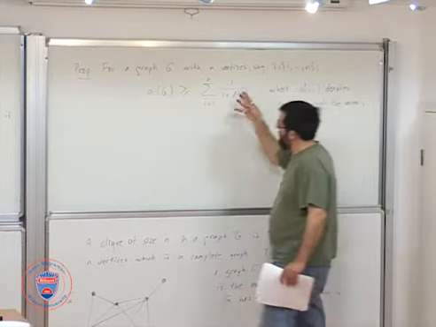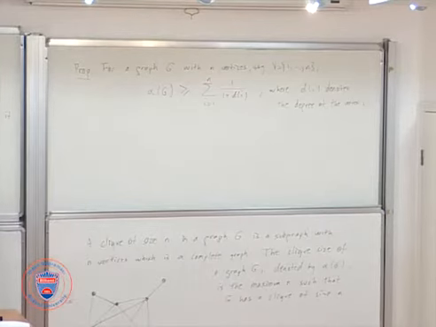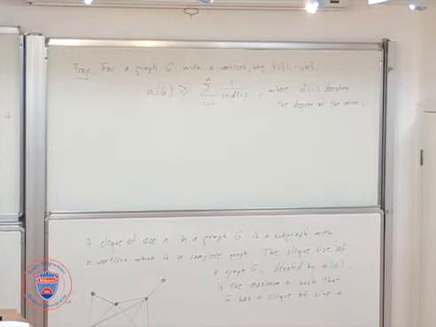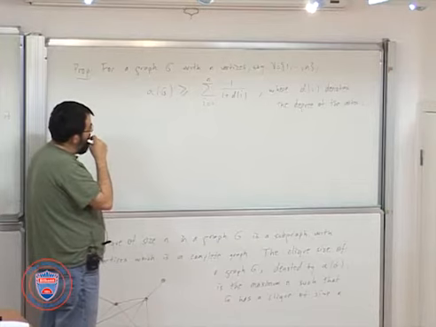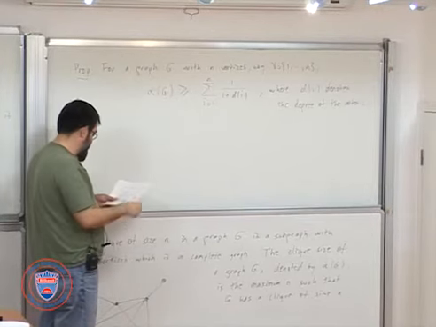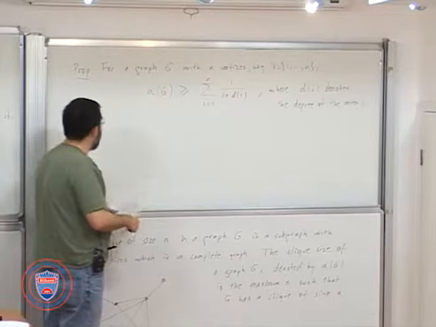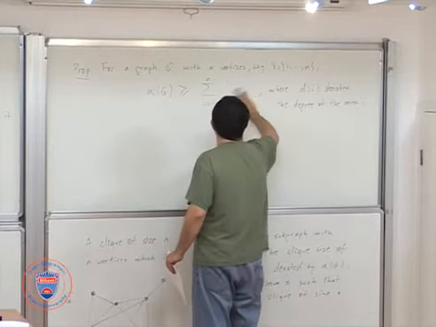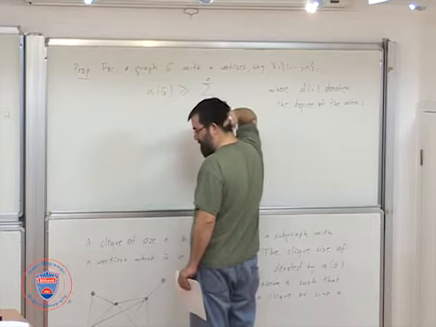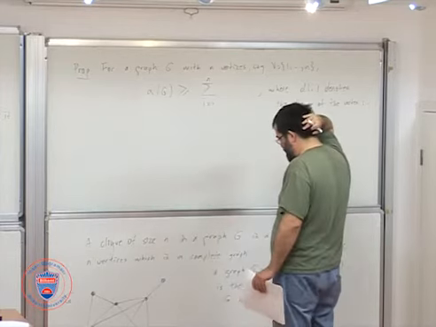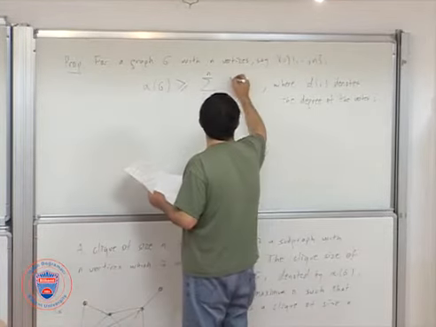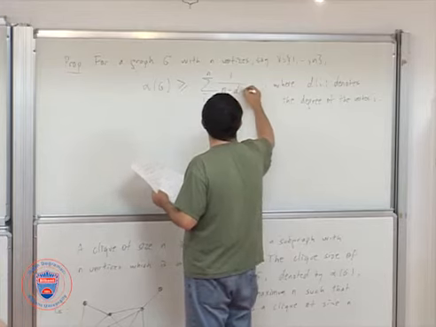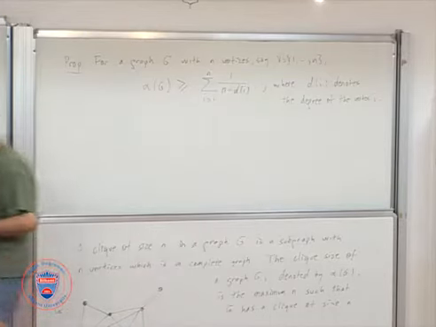So when the degree is bigger, the lower bound is smaller.